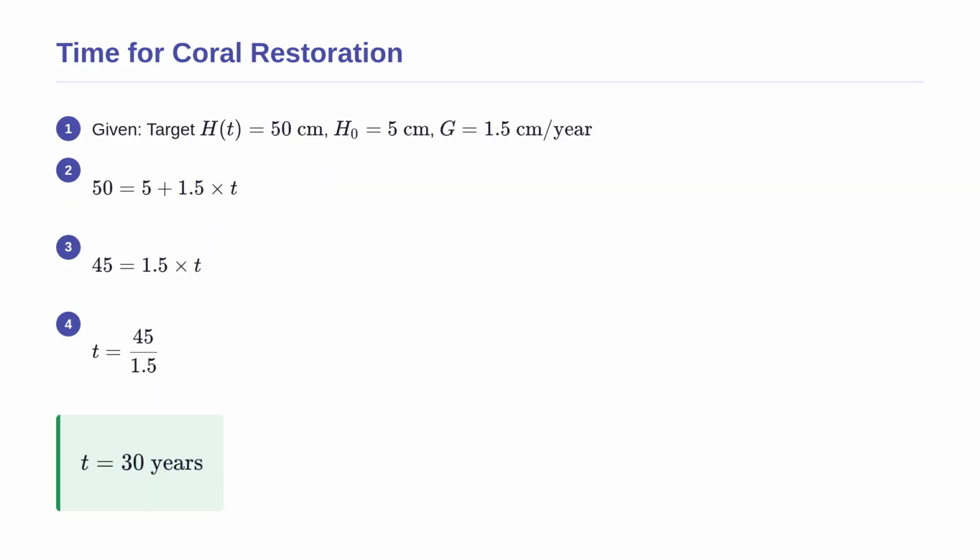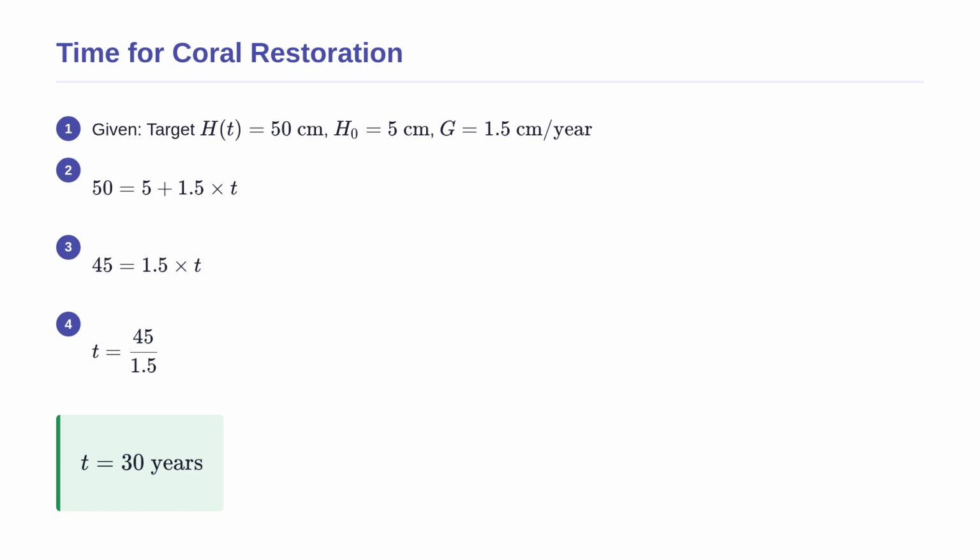This formula we just used can also help us solve for time, which is crucial for conservation. Imagine a team planting a small coral fragment that is 5 centimeters tall. They need to reach a target height of 50 centimeters to restore a damaged reef. The growth rate is 1.5 centimeters per year. How long will this take? We set our equation with 50 on the left side.